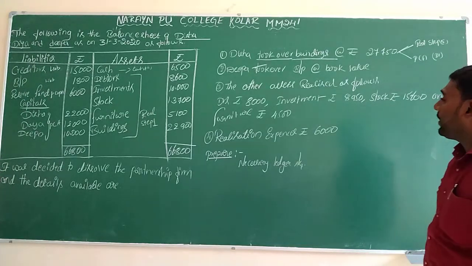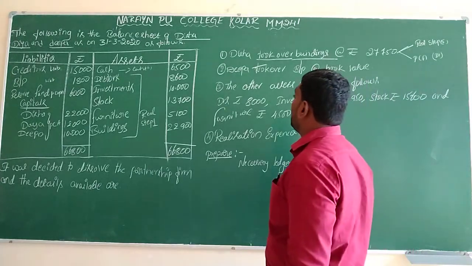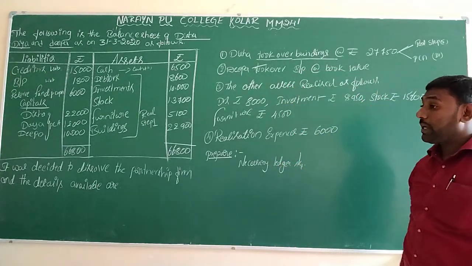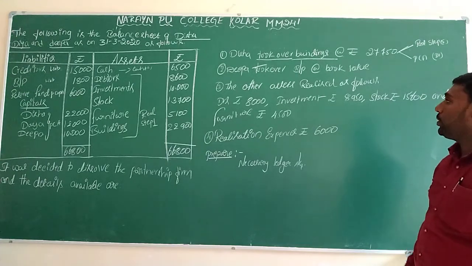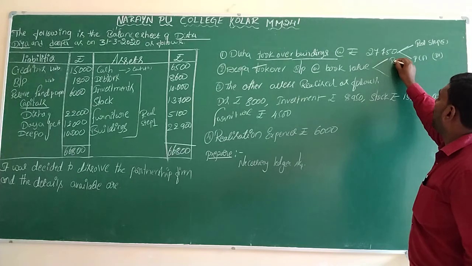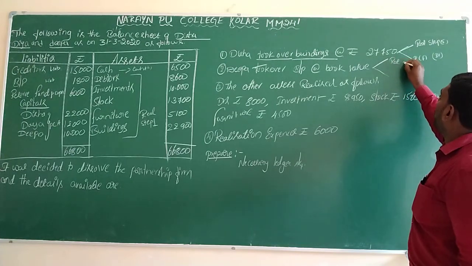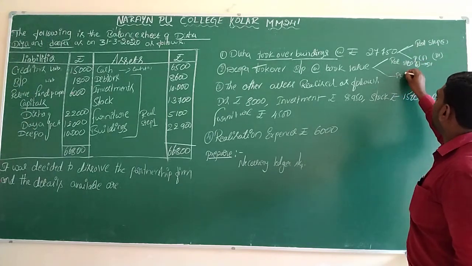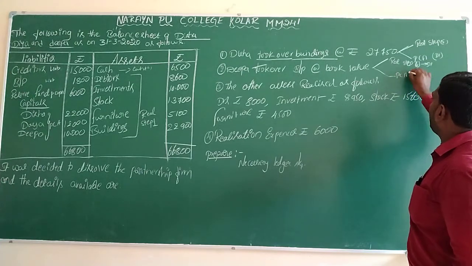Next, in adjustment number 2 we see that Deepa took over bills payable at book value. This is the new adjustment for new people. Where do we write? Realization account step 6, that means debit side we write. Again partners capital account, credit side we write.